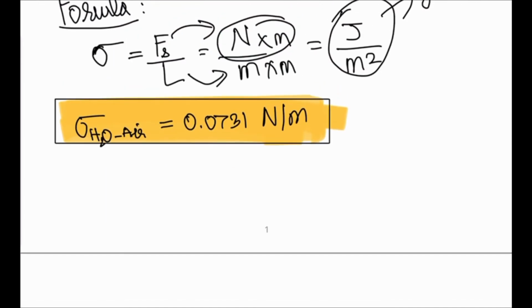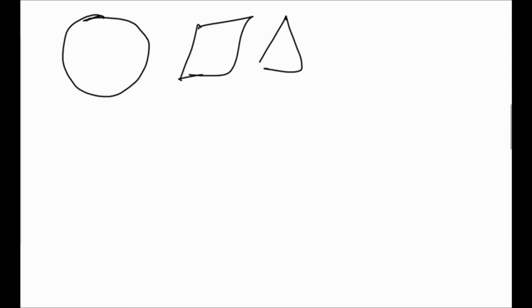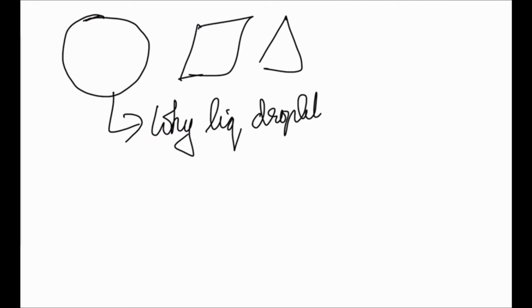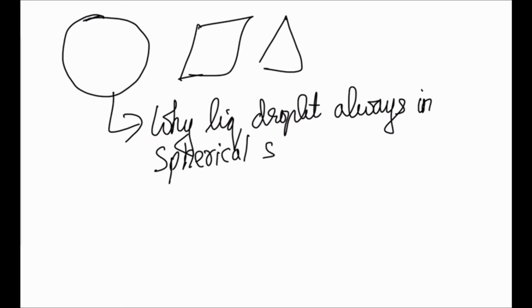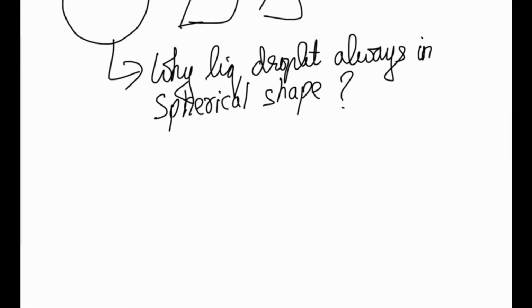Let us also see the reason why a liquid droplet is always spherical and not rectangular or triangular in shape. Why is this so? As we have studied from our childhood, a sphere has minimum surface area.